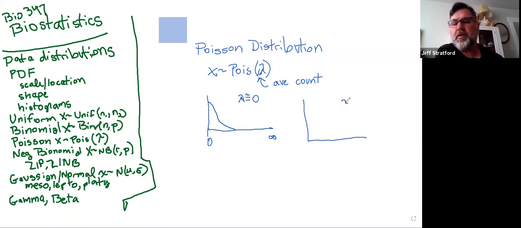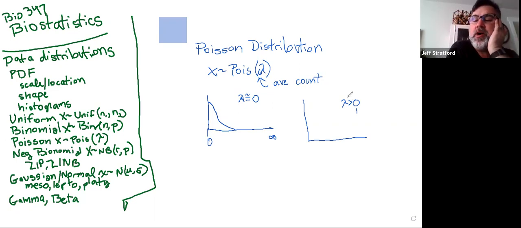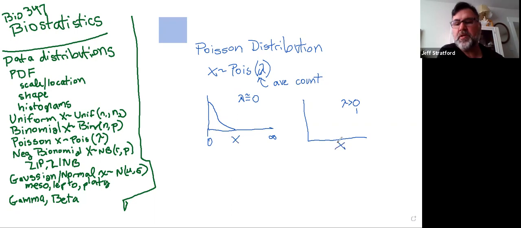So when we have lambda greater than 0, we can pick some number like 1. So on average, we're getting one sick patient per day. And we want to know what's our distribution of outcomes. What you're going to get, again, is a little bump.